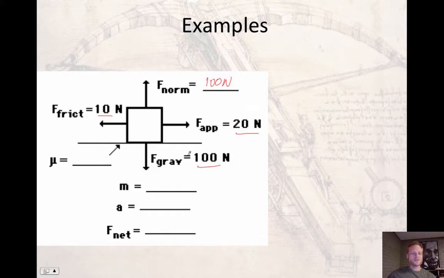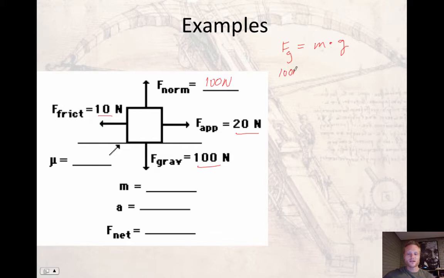The second thing I might like to calculate is the mass. How can I figure out the mass of this object? Well, if you remember from the previous slide, one of the useful formulas we talked about was that the force of gravity, F sub g, equals m times g. They give me the force of gravity; they tell me it's 100 newtons.